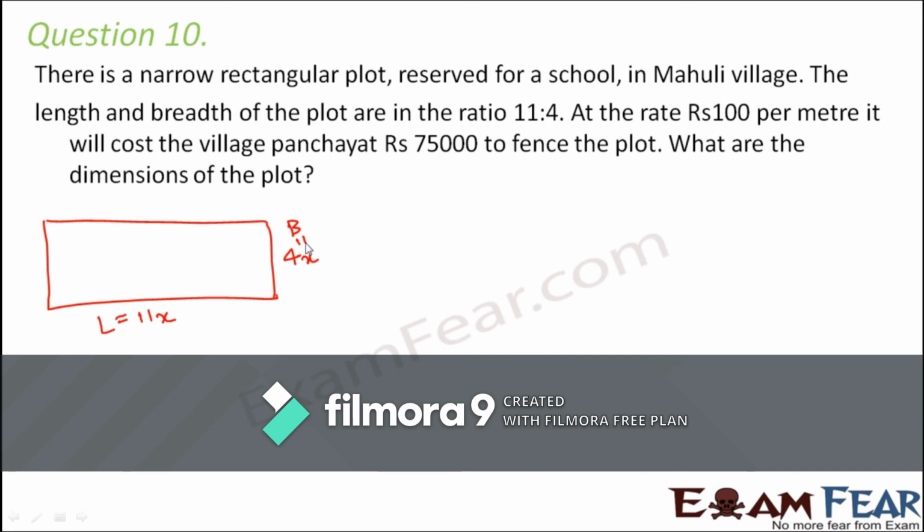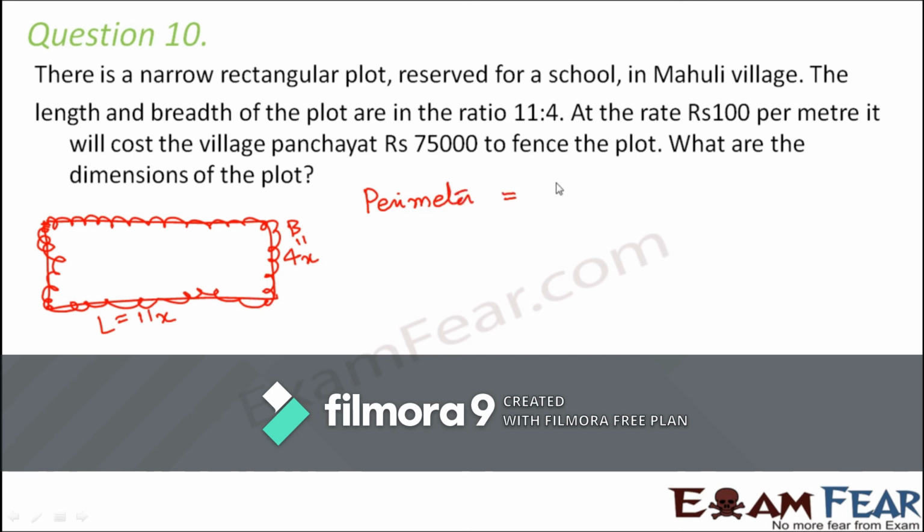Now when you want to fence the plot, fencing will be done throughout the boundary of the plot. So in order to fence this, you should know how much is the boundary of this entire plot. That boundary is called the perimeter of the rectangle.